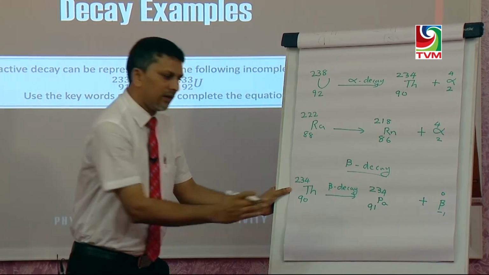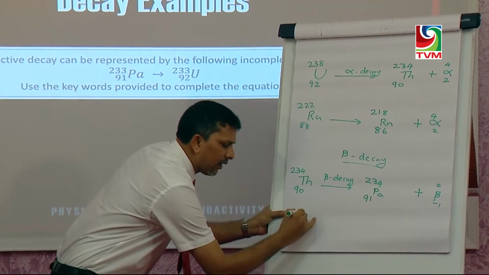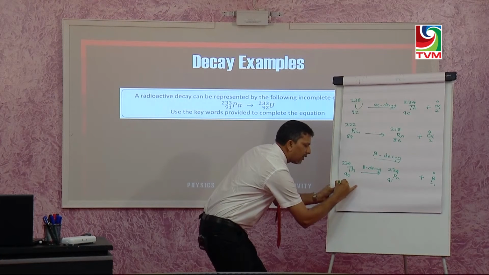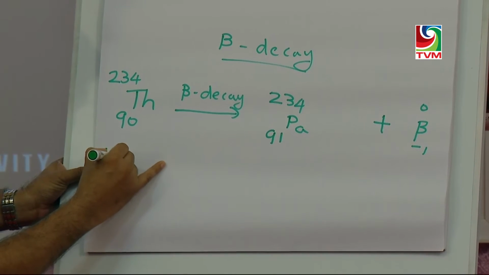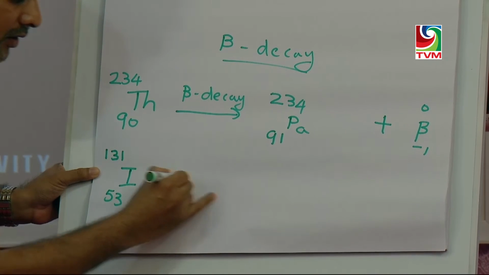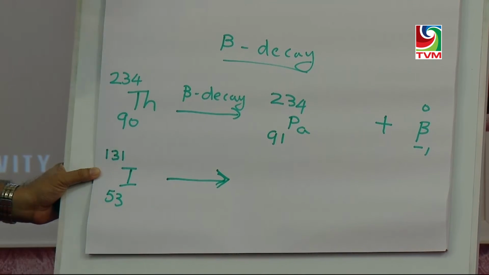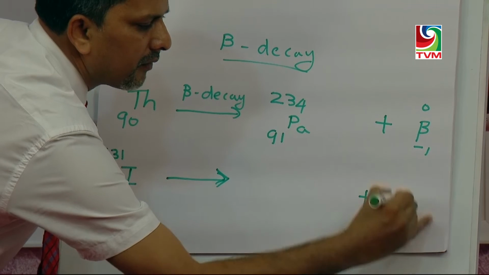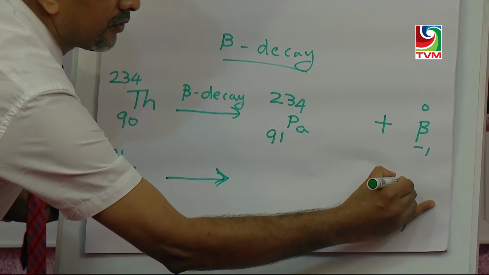Understand? Then one more, iodine 53, 131, emitting 1 beta. So -1, 0.